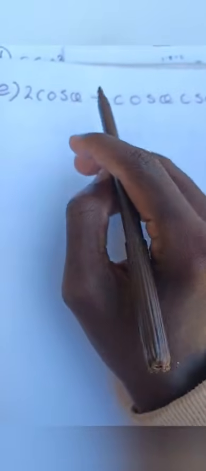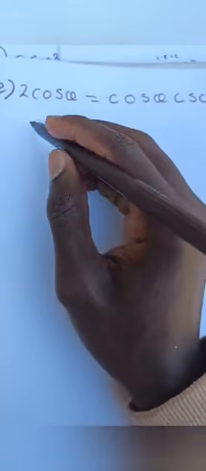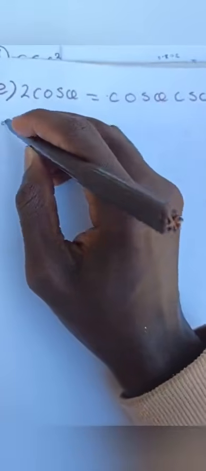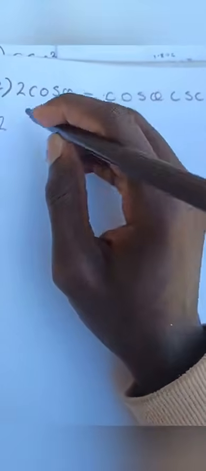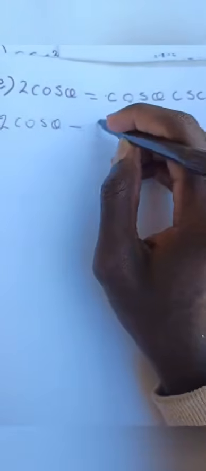So let's solve the last question. In this situation, if you remember, I said normalize, making sure that the trigonometric functions are on the left side alone. So I'll take this to the other side. Initially, this thing becomes minus cos theta.